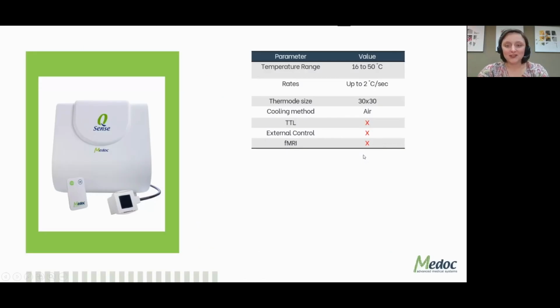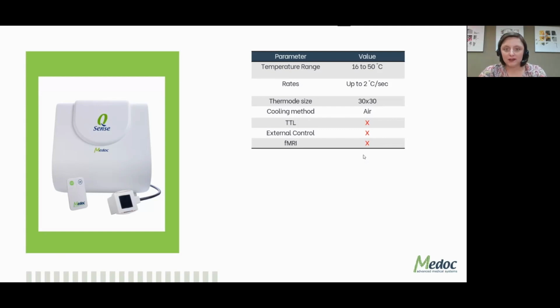So let's start from Qsens. Qsens was developed to be a simple QST device, as small, as portable, as easy to use as possible. You can see its technical parameters on the screen. It goes from 16 degrees to 50 degrees with rates of up to 2 degrees per second.